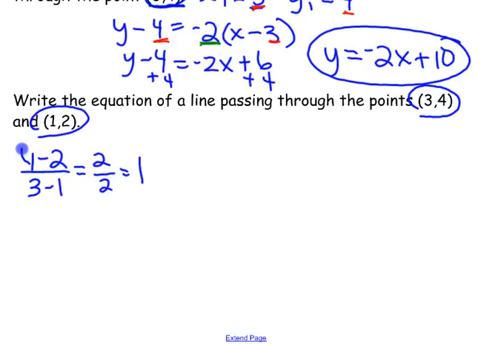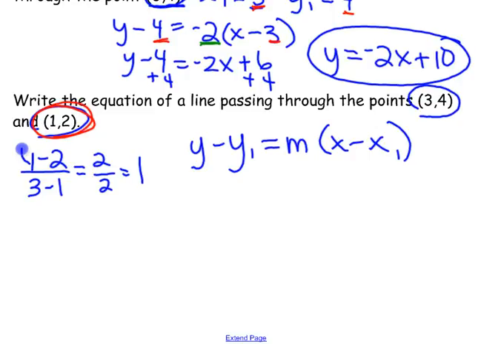And now we need to plug in our points. So our formula was y minus y1 equals our slope times x minus x1. We can use either one of these ordered pairs for our point. I'm going to use (1, 2). So 1 is going to be my x1 and 2 is going to be my y1. So I'm going to do y minus y1, which is 2.